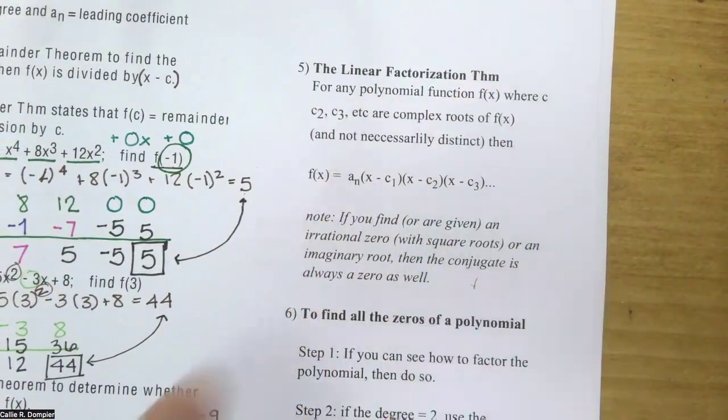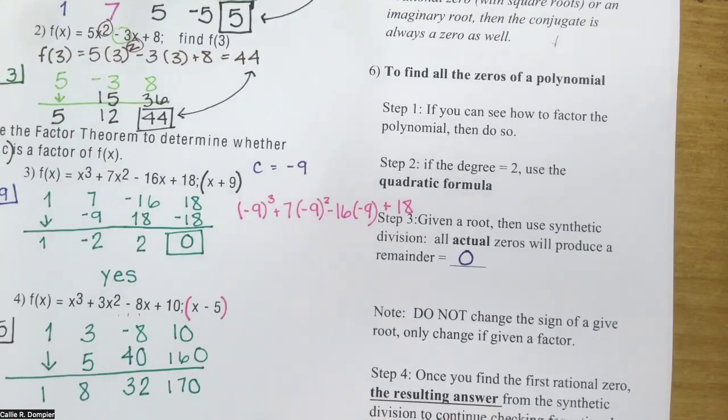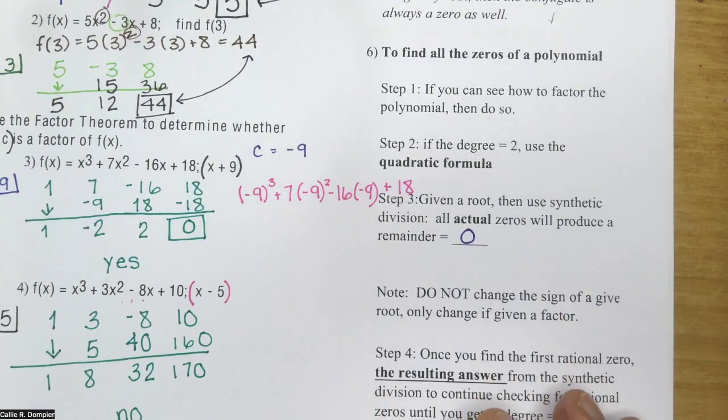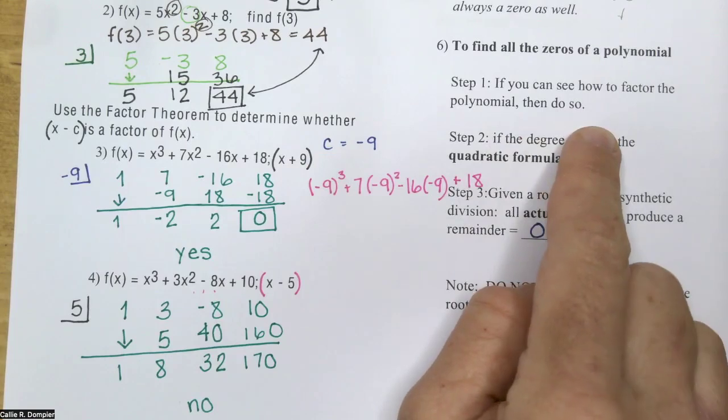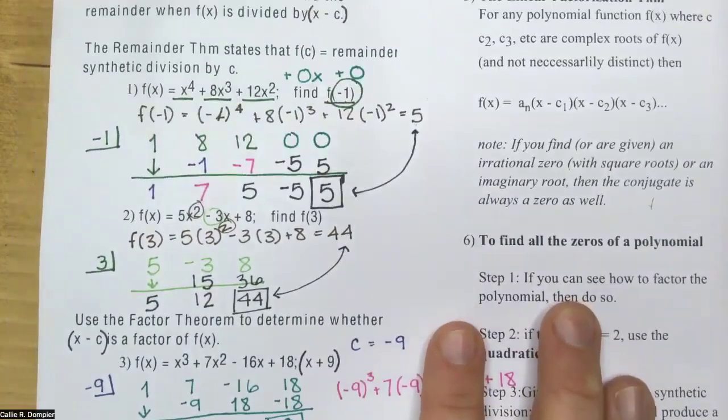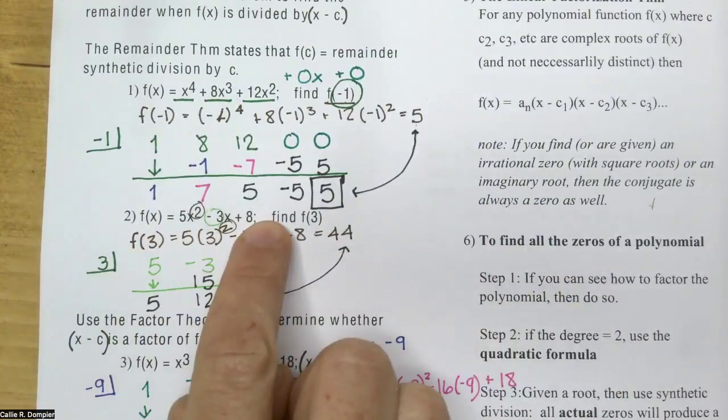For the linear factorization theorem, any polynomial function where those are complex roots, honestly, we don't really need that. Okay. To find all the zeros of a polynomial, if you can see how to factor the polynomial, then do so. We might be able to factor something like this, right?